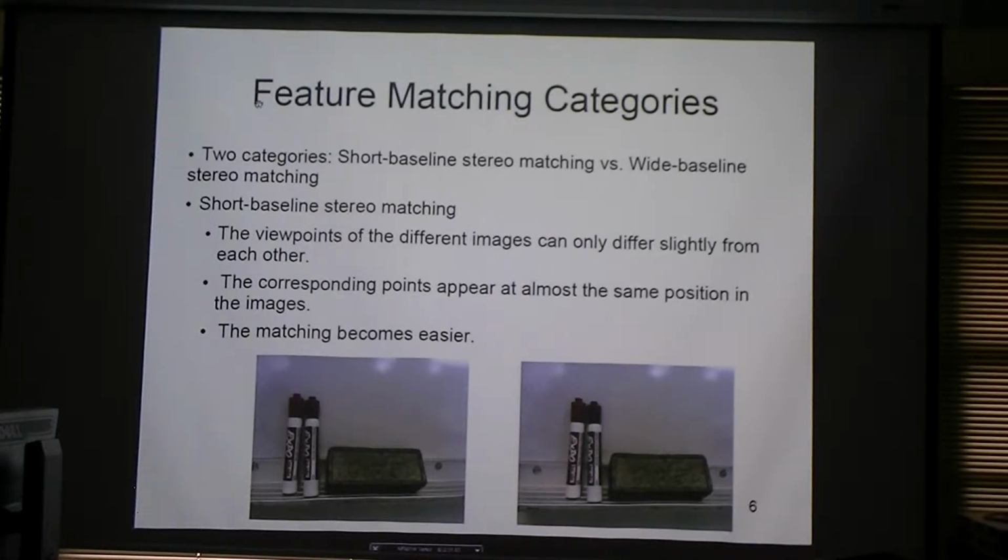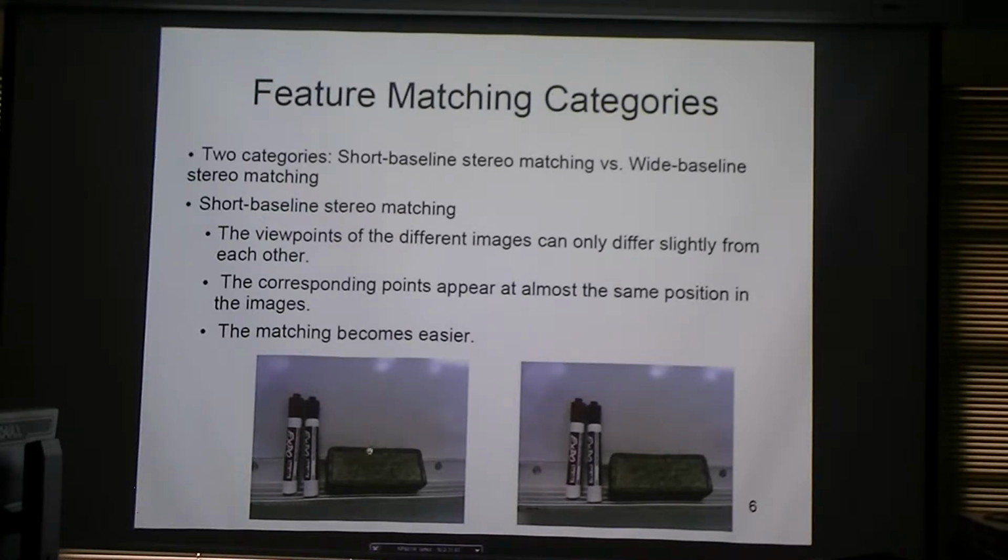Feature matching has two categories: short baseline stereo matching and wide baseline stereo matching. In short baseline stereo matching, we have two different viewpoints of the images, but they can only differ slightly from each other, and they do not have a lot of differences.